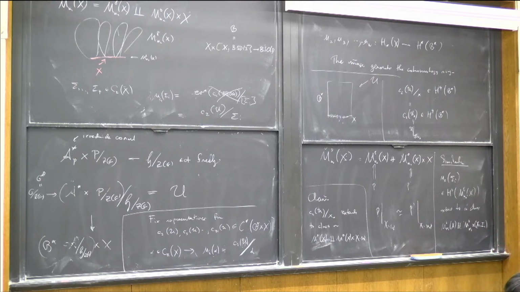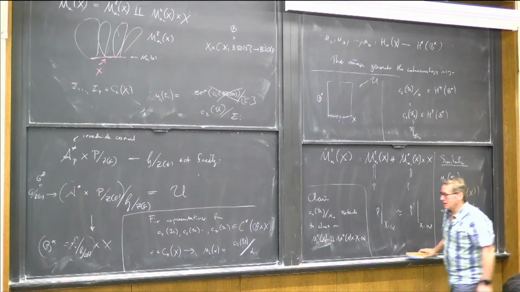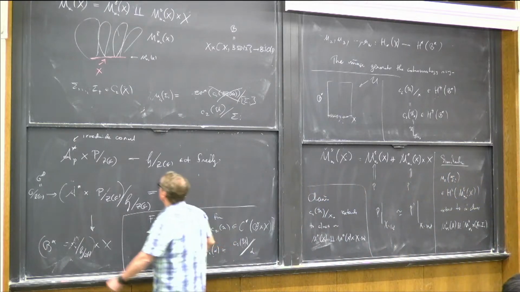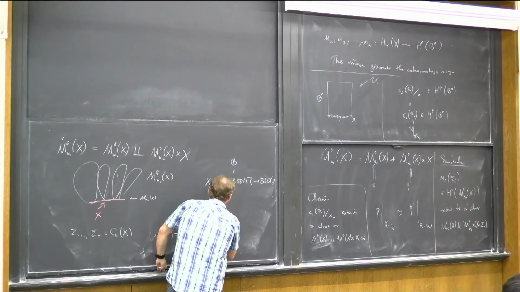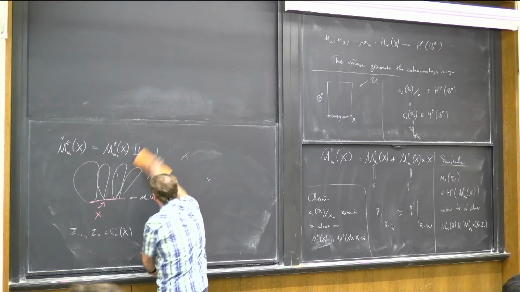So we have these classes. They're not defined everywhere on the compactification. But now let's think about what happens when we start cupping them together. When we start cupping them together, they might be defined on more of the compactification.